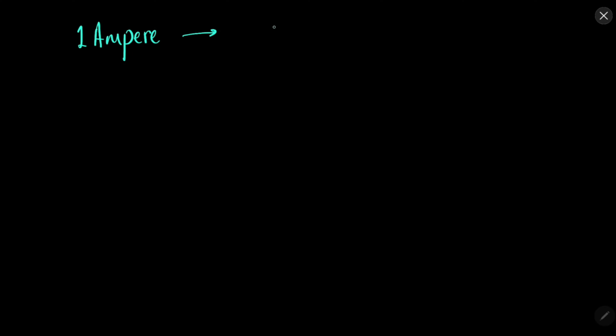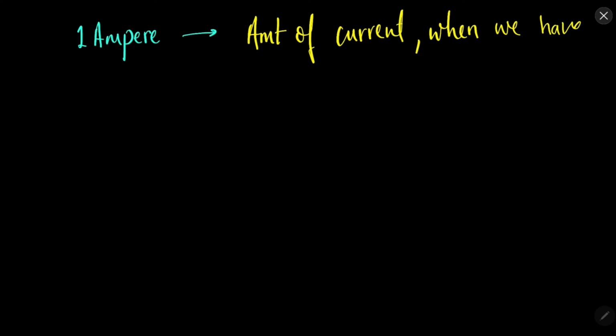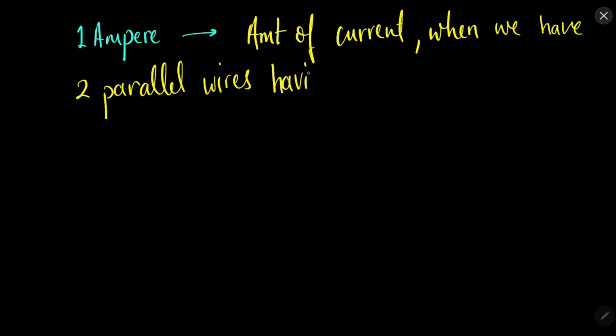So what is 1 ampere? 1 ampere is the amount of current when we have two parallel wires having current equal to I, or I1 equal to I2 equal to 1 ampere. Current in both the wires is 1 ampere.